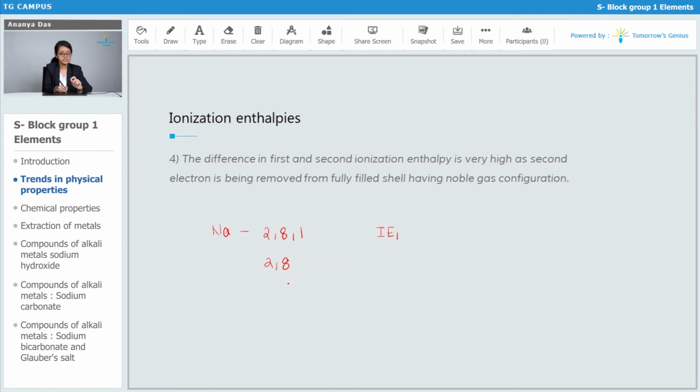But the second ionization enthalpy refers to knocking out one of the electrons from the 8 electrons of the octet, and that is very difficult. So, that is why the difference between ionization enthalpy 2 and ionization enthalpy 1 is very high, because the second ionization enthalpy is much higher than the first ionization enthalpy in the case of alkali metals.